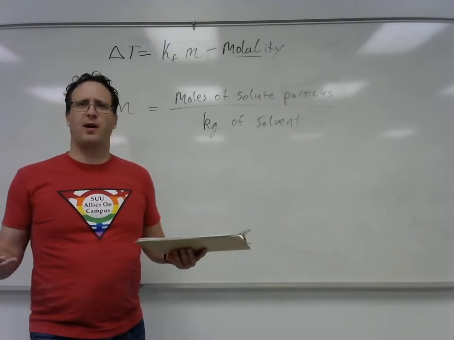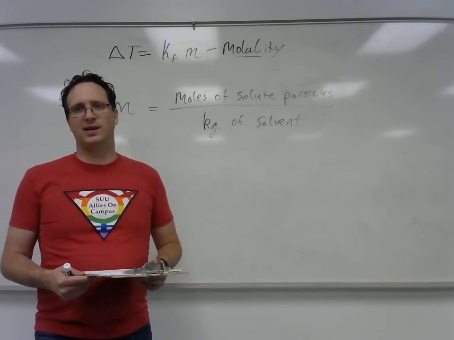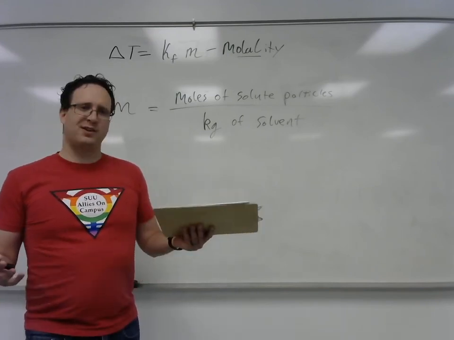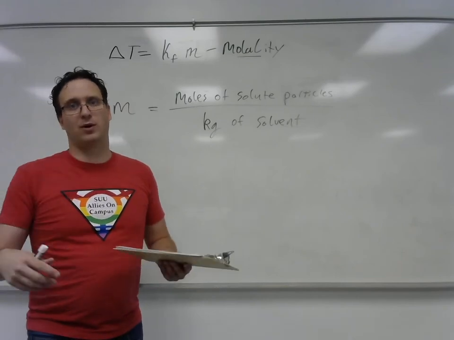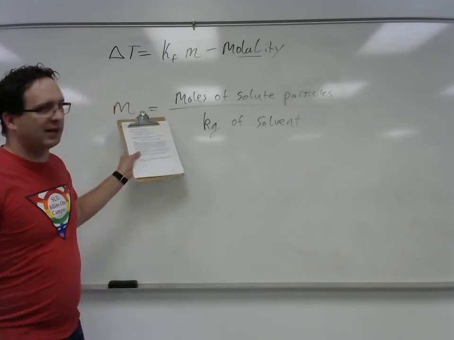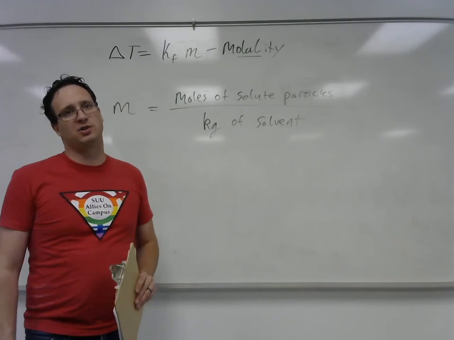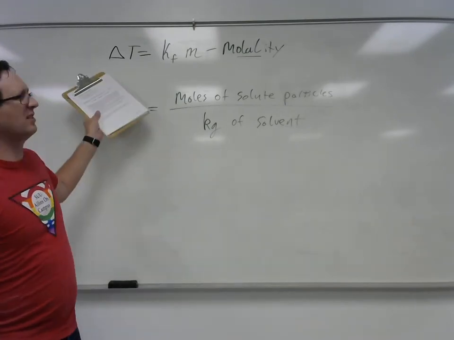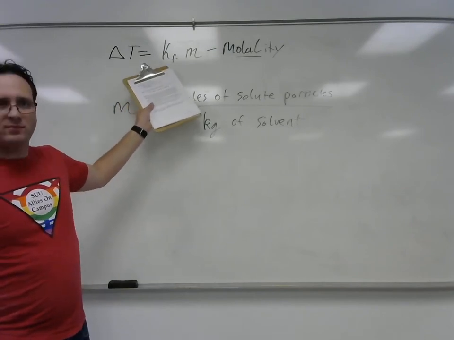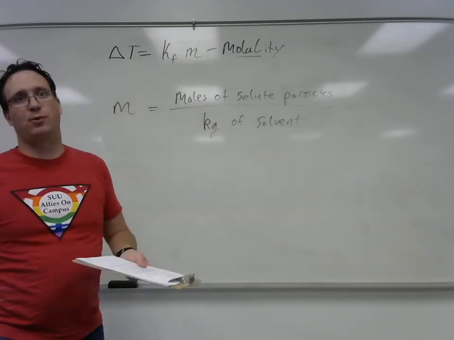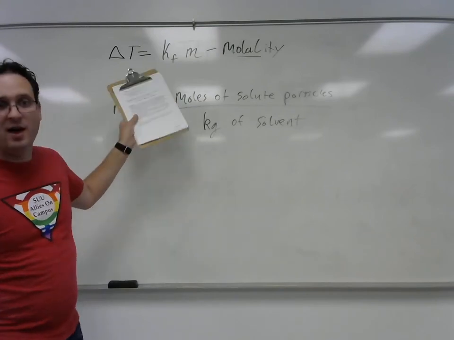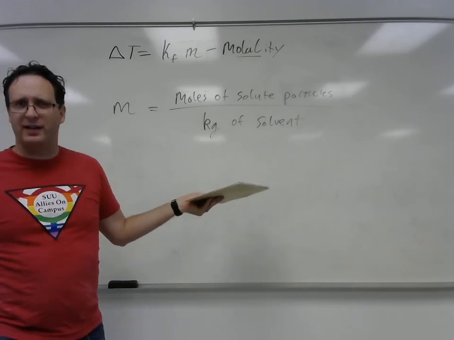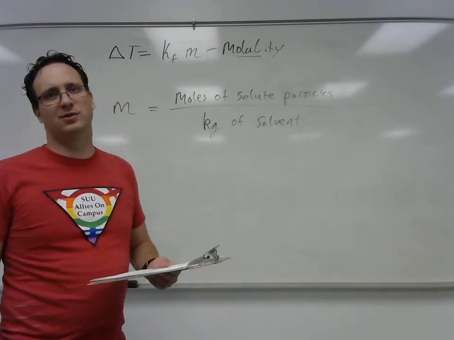You could prepare a solution that is precisely 1 molar in concentration, and then the temperature changes and now it's more or less than 1 molar. Well, molality will be constant across temperature changes. So that makes it convenient. And then also the mechanism behind freezing point depression actually depends on the ratio of solvent and solute particles. And so molarity ultimately would be the inappropriate unit to use anyway.